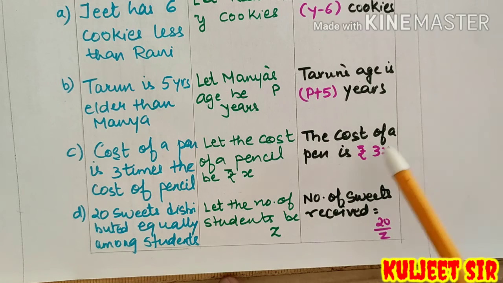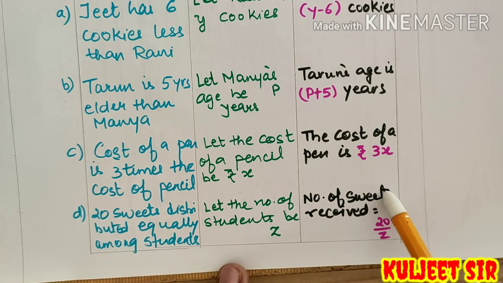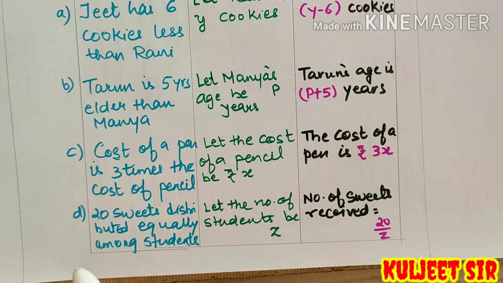So let the number of students be x, or here we have taken it as z. We do not know the strength of the students. So the number of sweets received will be what? 20 sweets divided equally by the number of students. So 20 divided by z. This is how we calculate algebraic expressions in practical situations.